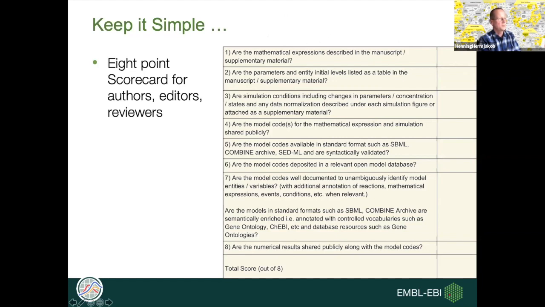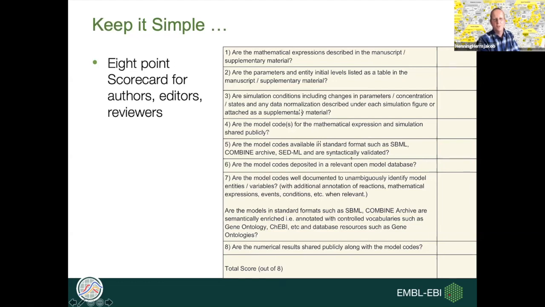Are the actual mathematical expressions available in the manuscript or supplementary material? Are the initial conditions provided? Are the simulation conditions, like changes in parameters during the simulation run, provided? Are the models in their encoded form publicly available? Are they deposited in a public database? Are they encoded in a community standard like SBML rather than in my favorite programming language?